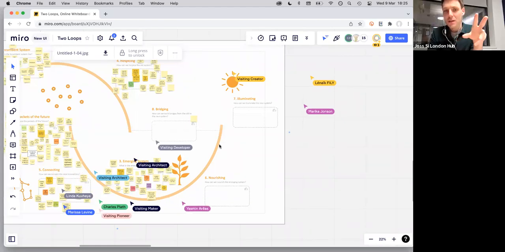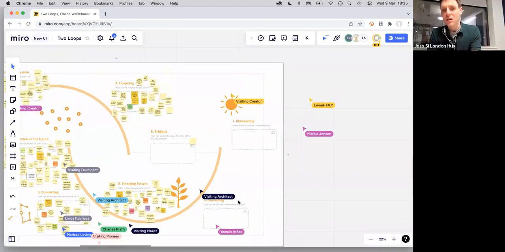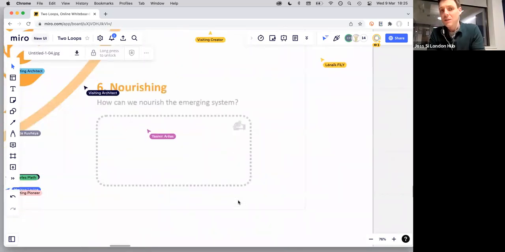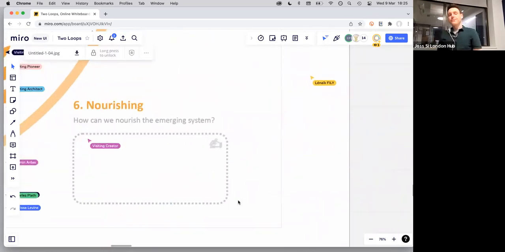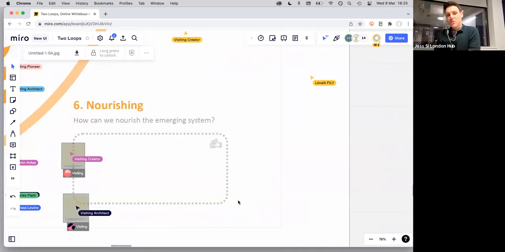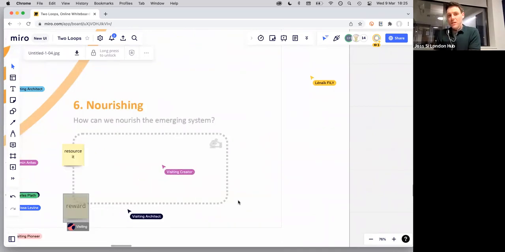So that's what we're starting to talk about here. So number 6 is now nourishing, right? How could we really nourish the emerging system to help build it and so forth? Any ideas on that? We're trying to develop this new approach to education. What would, yeah, resource would definitely be part of it.